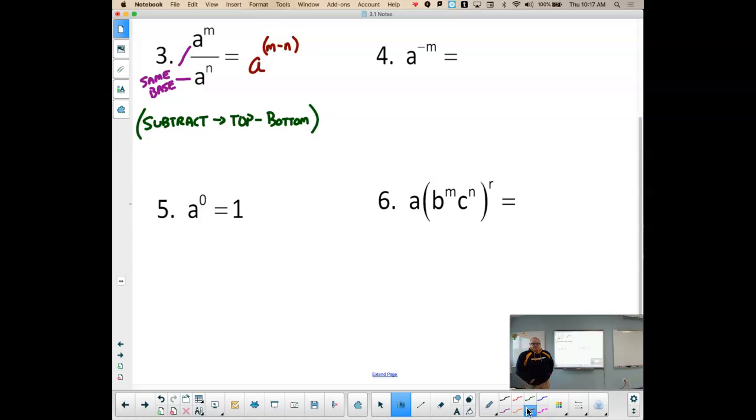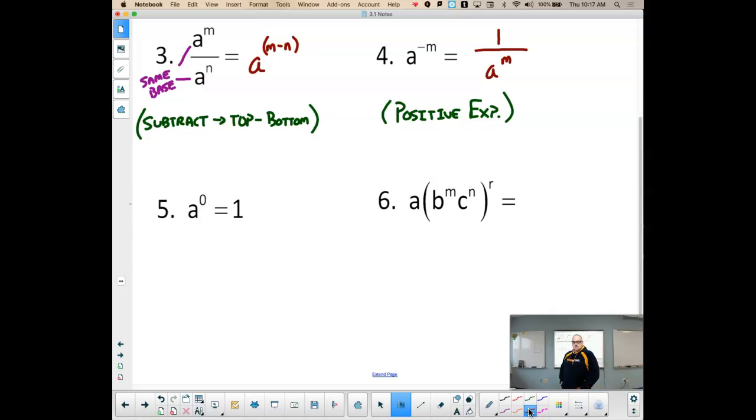Number 4 is the positive exponent property. We like positive exponents only. We don't like negative exponents. But we might get a negative exponent from number 3 when we go top minus bottom. So we want positive exponents. In order to make an exponent positive, we switch locations with it.